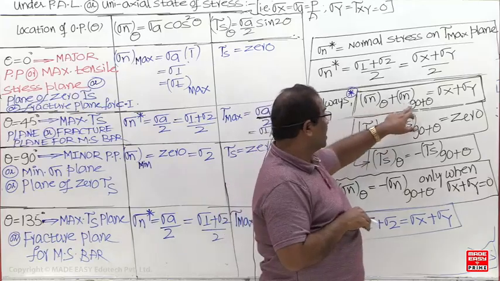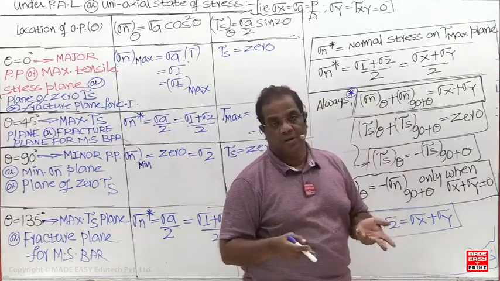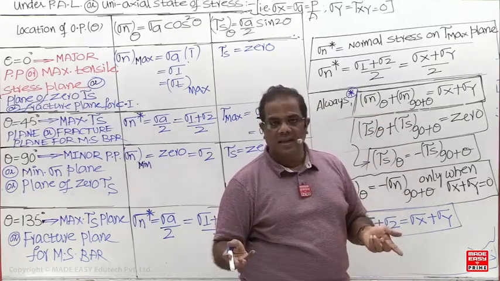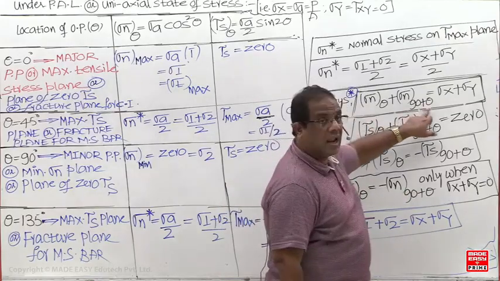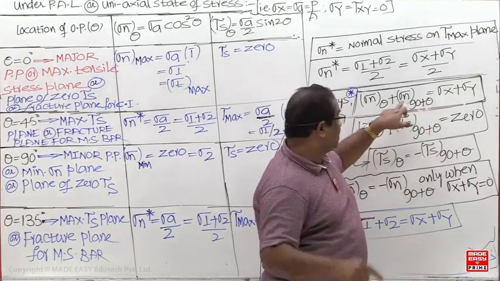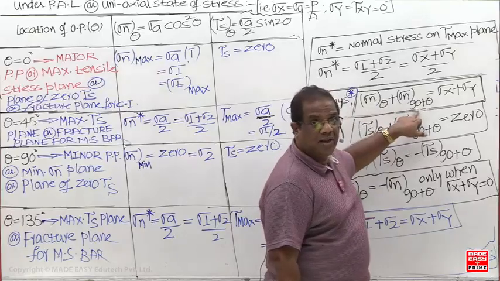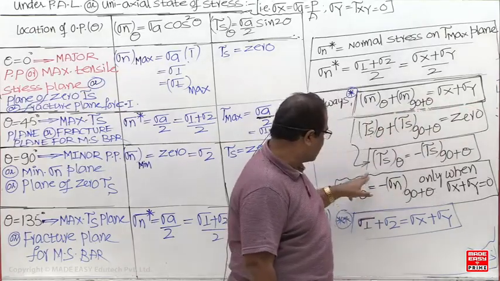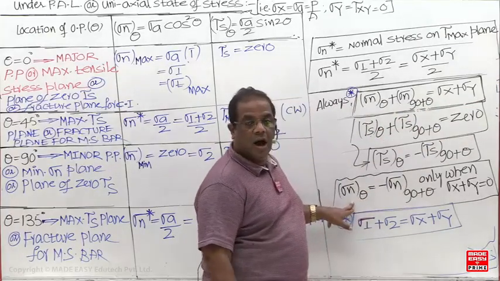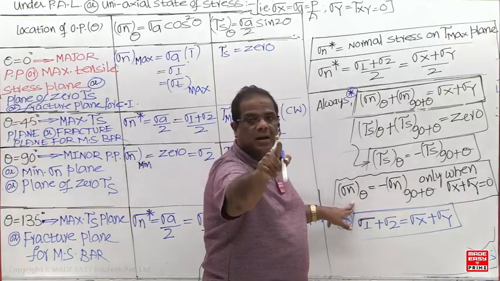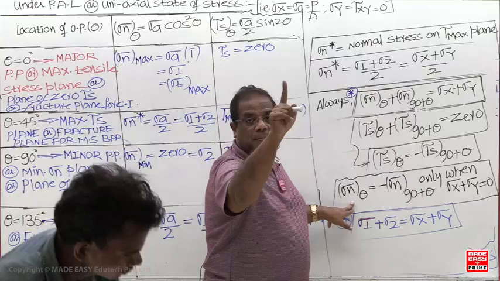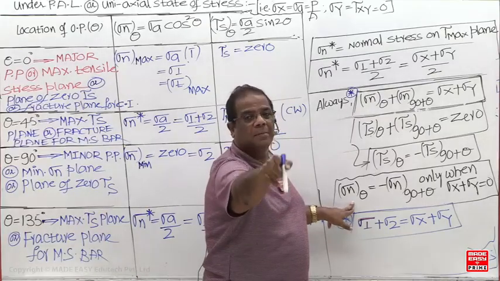So now these two are equal or unequal, or like or unlike. Maybe equal, maybe unlike, maybe like, maybe unequal. But these two are equal and unlike only when sigma x plus sigma y is 0. On two mutually perpendicular planes, normal stresses may be equal, may be unequal, may be like, may be unlike.